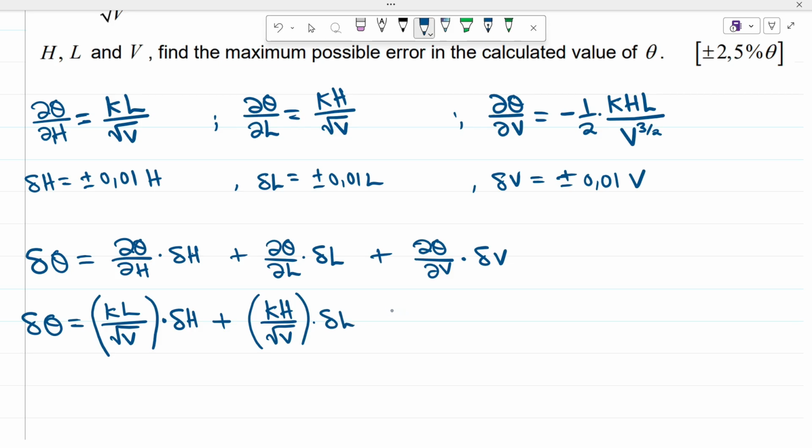Let's just substitute it like that first.